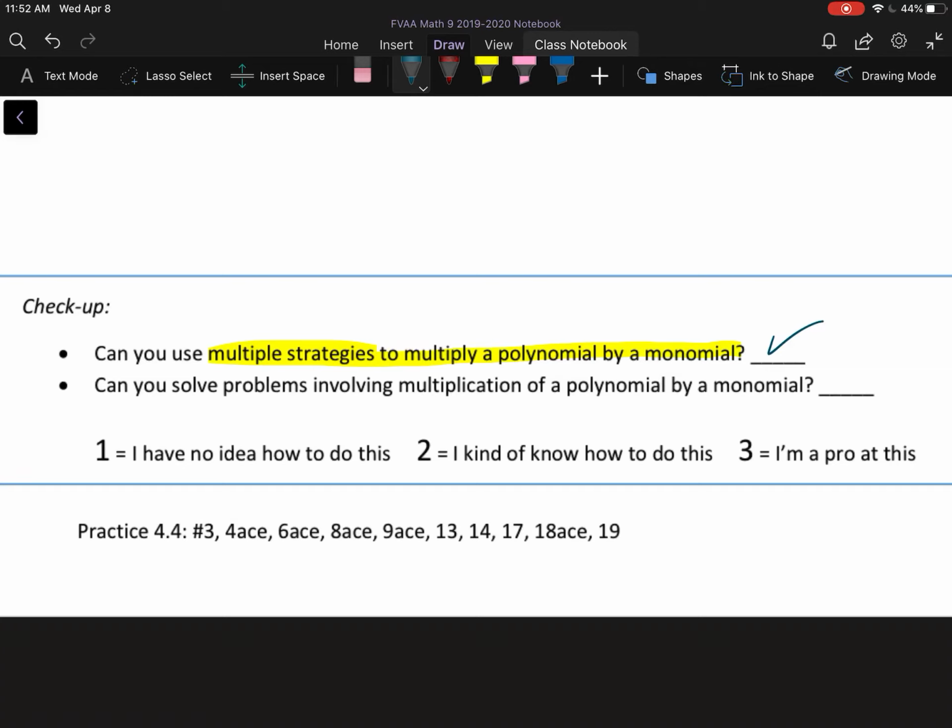If you have more questions, you can contact me directly, those of you who are my students, or leave a message in the comments as well, or a like. And then, can you solve problems involving multiplication of a polynomial by a monomial? We did one example in our notes just above here with the floor of the gym, but there will be more examples in your homework assignment as well.